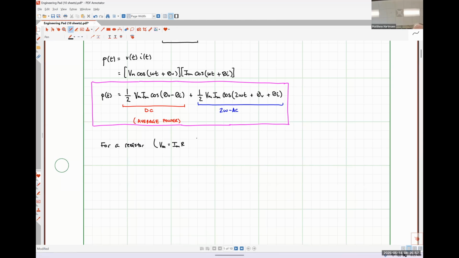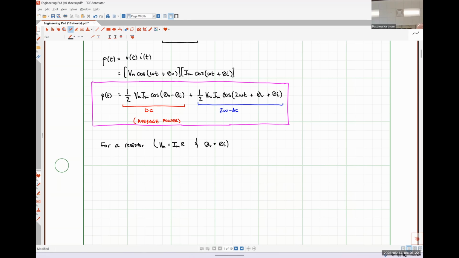And we also know that the phase angle of the voltage is equal to the phase angle of the current. We used these relationships the other day when we were talking about impedance, but they come from just our frequency domain relationships for current and voltage for our circuit elements, okay?